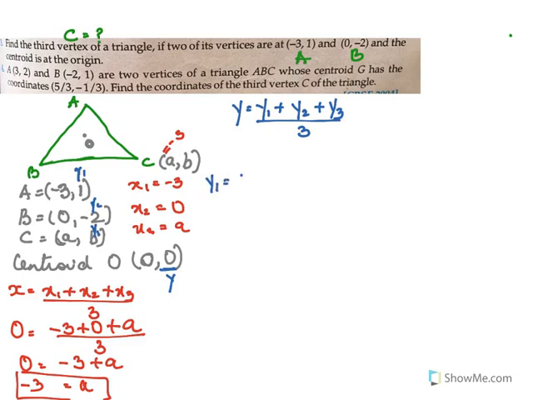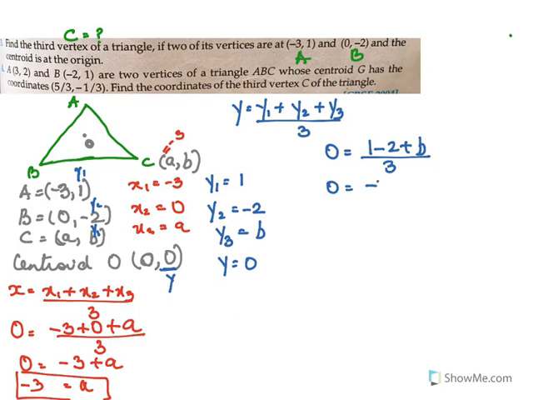So your y1 is 1, y2 is minus 2, y3 is b, and your y is 0. So we have 0 equals 1 minus 2 plus b over 3. So 0 equals minus 1 plus b, and your b becomes 1. Here it is plus 3, not minus 3, okay?